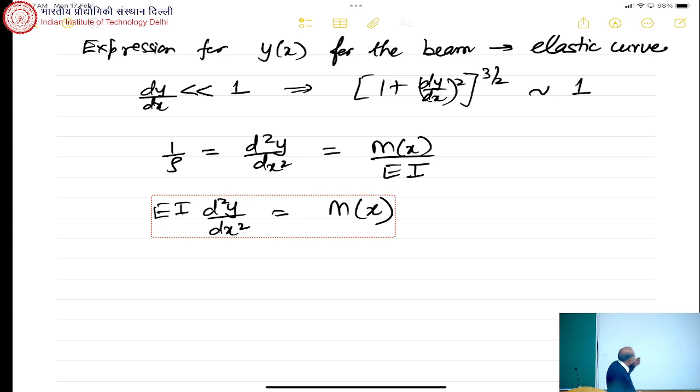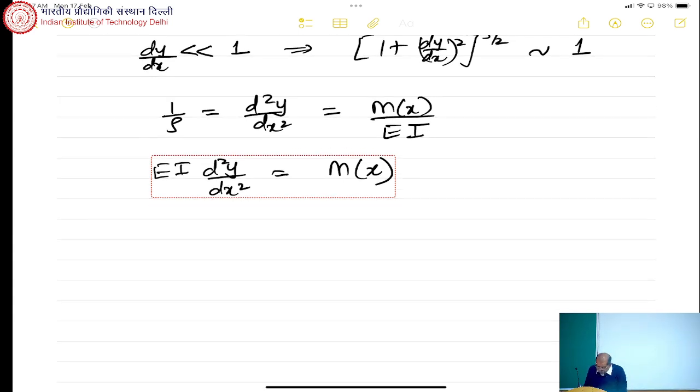Now assuming that the beam is made up of the same material and the same cross section, E and I will not change. So we can integrate this.